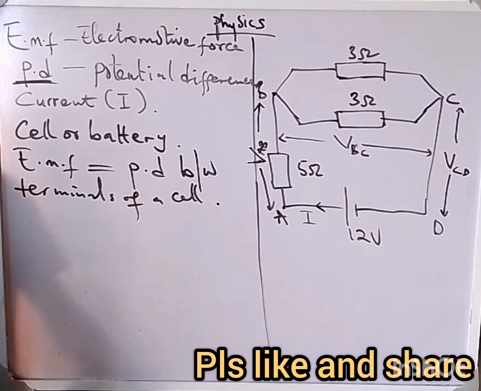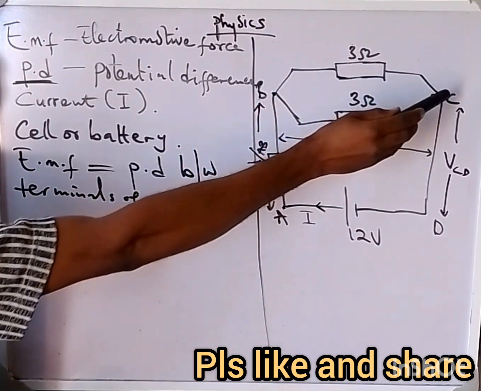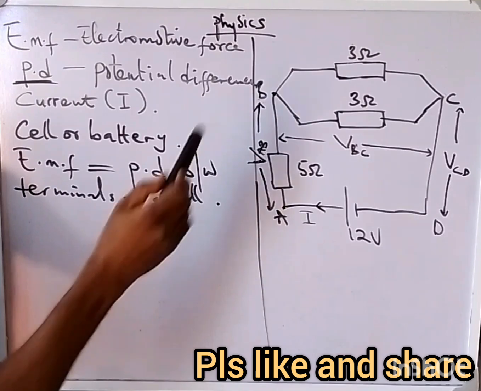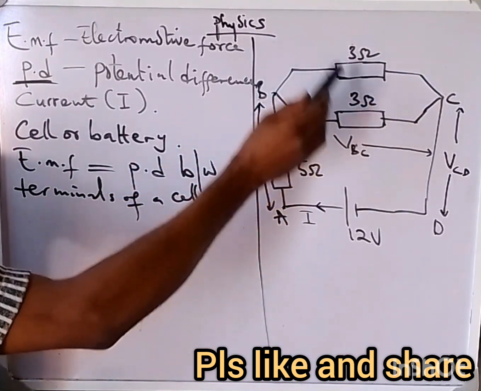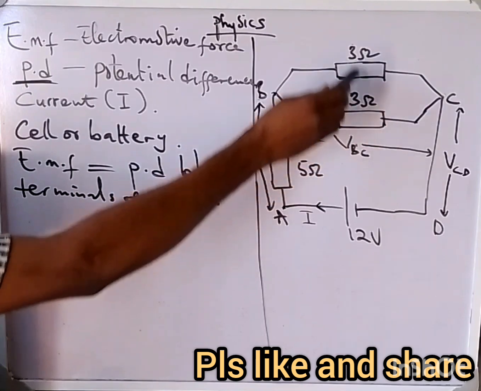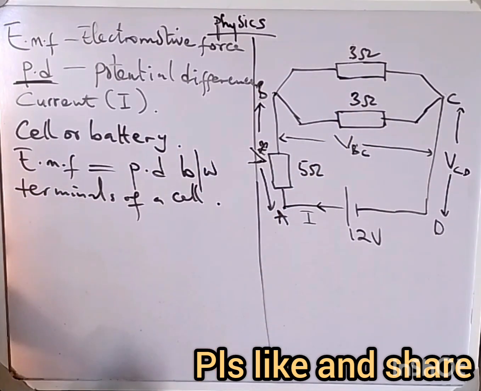So they have the same potential difference across each of them because it is just 2 points. So the energy required in driving a charge from this point to the other point remains the same irrespective of having a parallel connection.